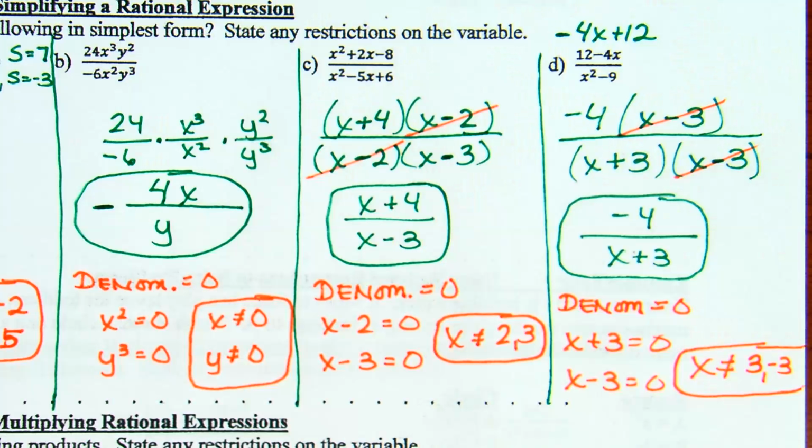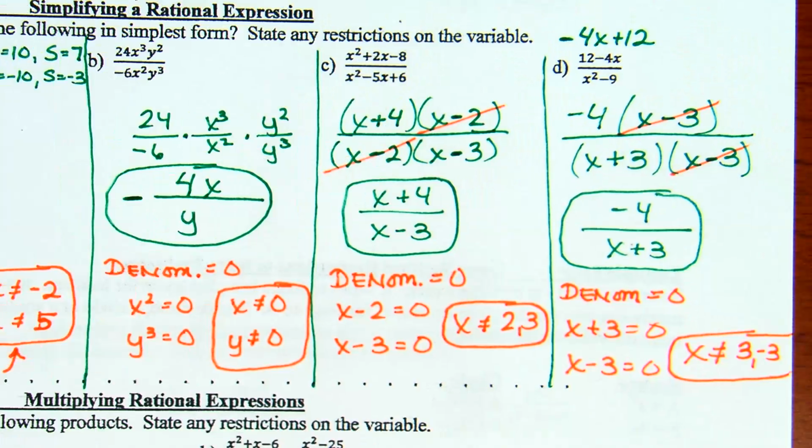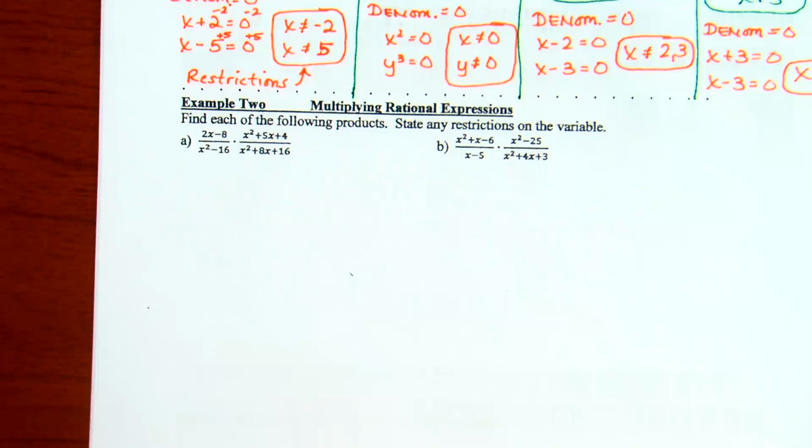Okay, questions at this point? Okay, because we're ready to go into multiplying. But here's the deal, guys. If you can simplify fractions, you can multiply fractions. There's really not much more to it. So let's try to get at least one multiplying example out of the way.